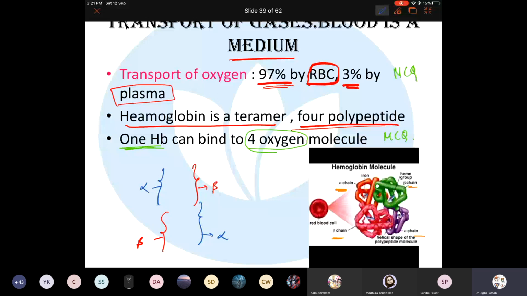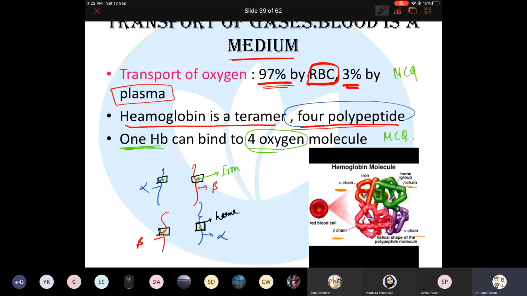In that heme group, at the center, there is a molecule that is iron. What is this? Heme. And then you have iron at the center.